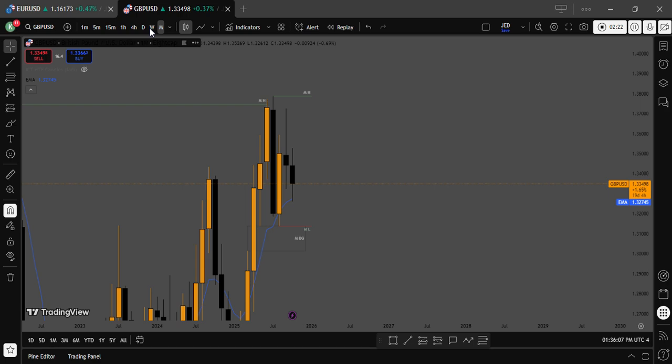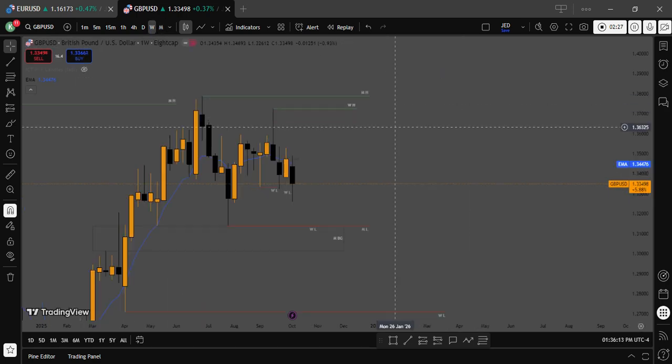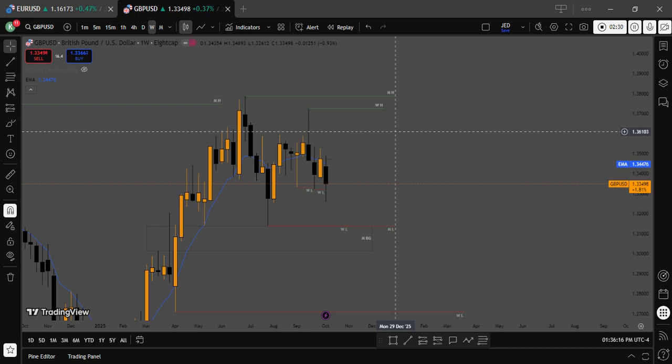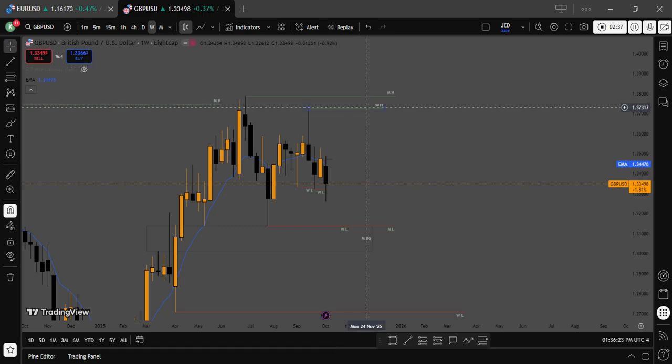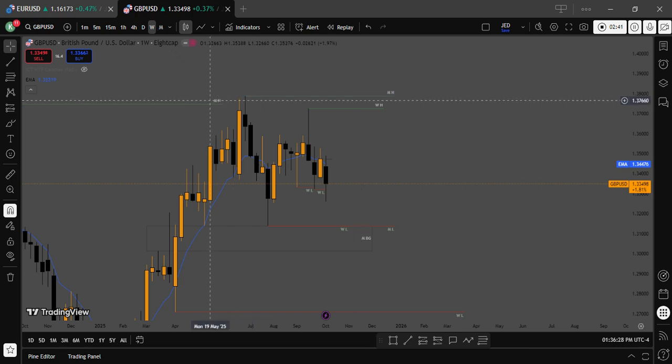We move to the weekly time frame on GBP USD, and on the weekly time frame, we've seen price taking this low, right? So maybe it might result in us pushing high to come to these areas. But obviously, in the daily time frame, we've taken this high, so I'm not sure.